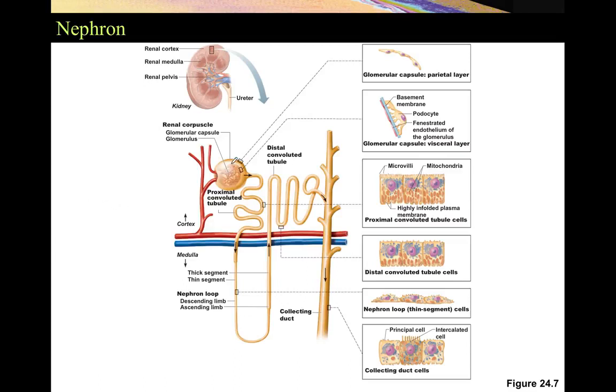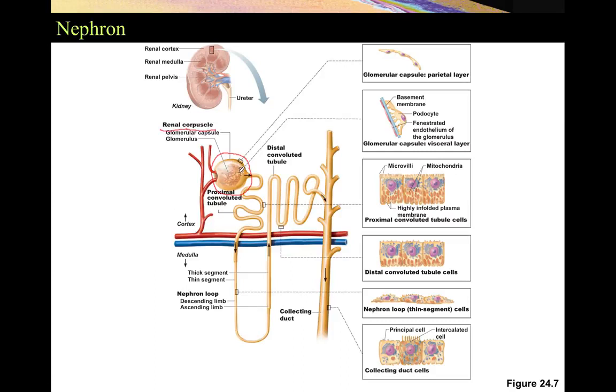The first thing you notice is there is a circular structure right here. This circular structure as a whole is referred to as the renal corpuscle. Now, what is the renal corpuscle made up of? It is made up of this shell that you see in a yellow color, which is referred to as the glomerular capsule.